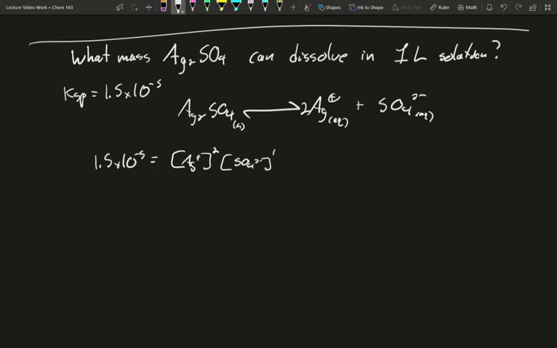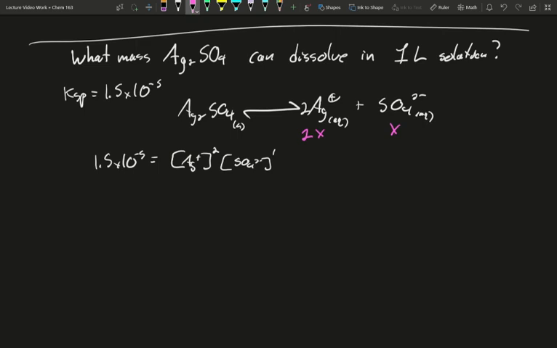Well, as they're falling apart, for every 1 silver sulfate that breaks apart, I'm going to get 2 silvers and 1 sulfate. So whatever number of them successfully dissolve, I'll have twice that number of silvers, and I'll have that number of sulfates.